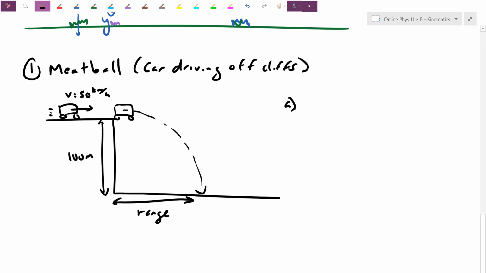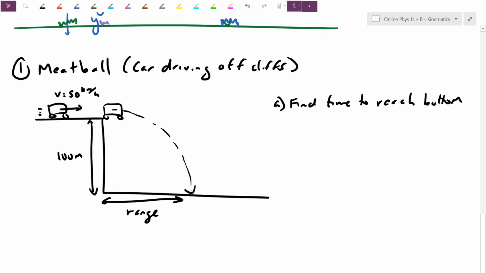Question here. First A, find the time to reach the bottom. Right, so I need to fall through a distance of 100 meters. So how long does it take? And then B, like I mentioned, calculate the range. Calculate the distance from the base of the cliff.